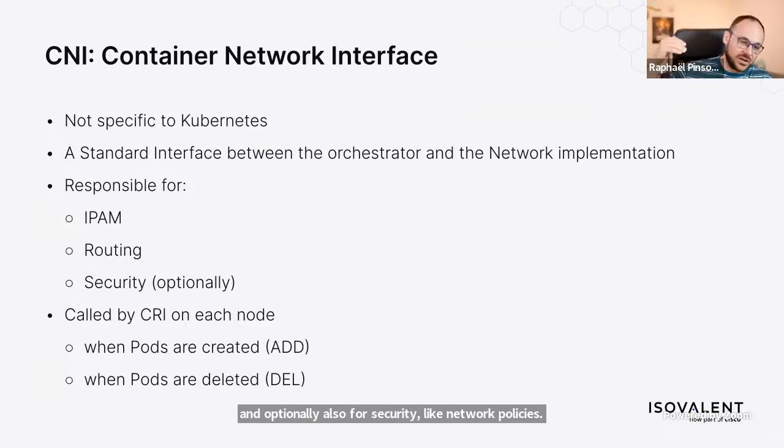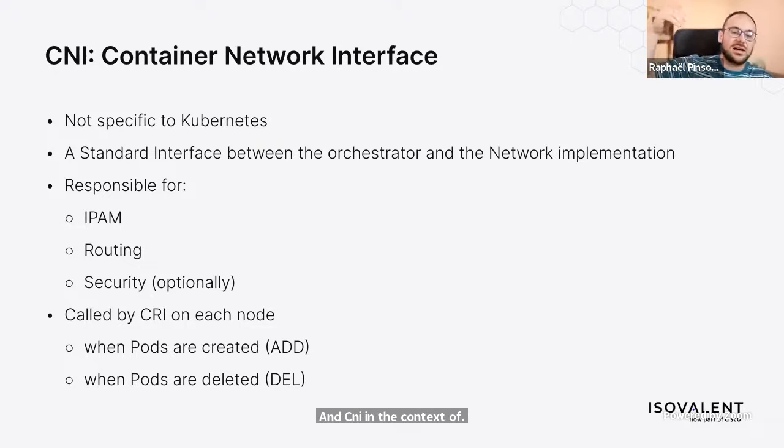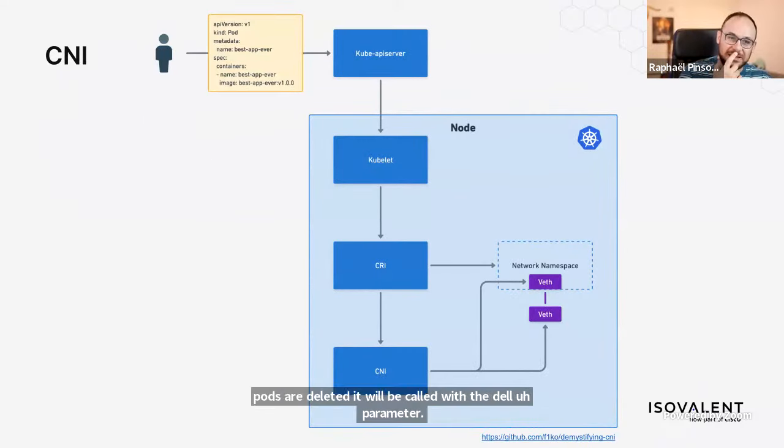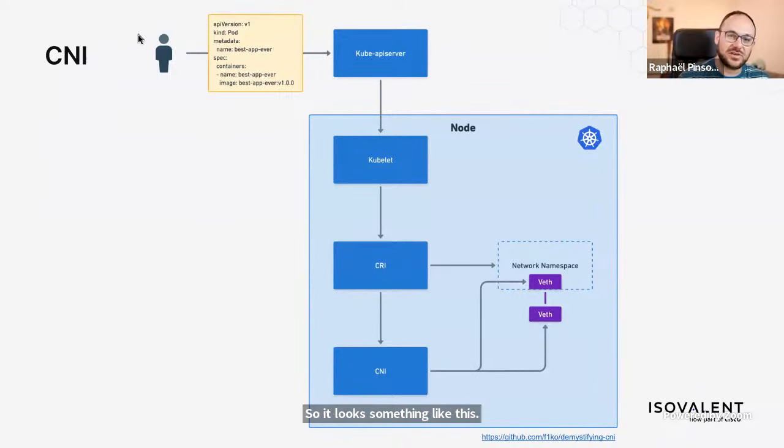And CNI, in the context of Kubernetes, is called by CRI on each node when pods are created with an add parameter. So CRI will call CNI with add, and when pods are deleted, it will be called with a del parameter. So it looks something like this. Let's say you have a user that posts a new pod to the kube API server.